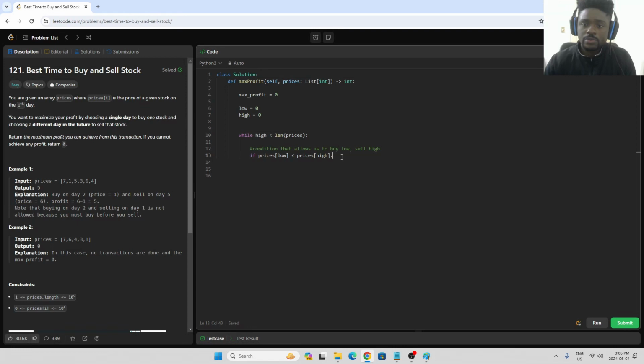If it is, then we do so. Let's say profit is equal to prices at high minus prices at low, and we want to update our max profit based on this condition here. The max profit is going to equal the max of what we've seen so far and what we have currently.